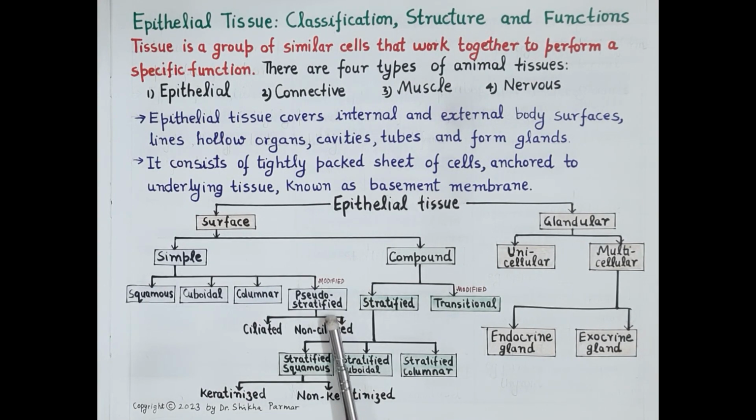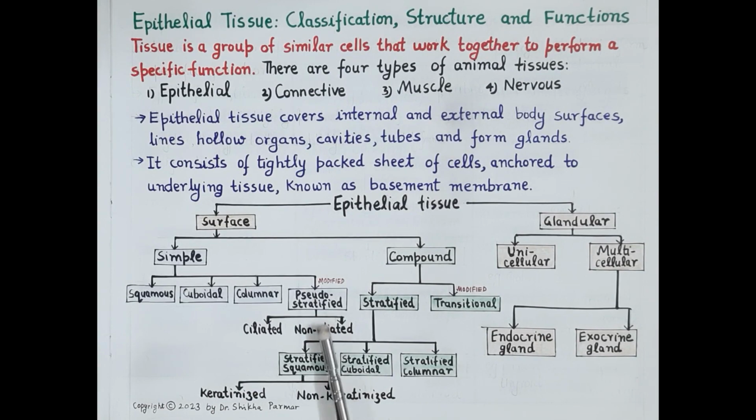Now pseudo-stratified epithelial tissue is actually made up of a single layer of cells, but it appears as if it is made up of two layers of cells, and therefore it is a modification of simple epithelial tissue, and it is known as pseudo-stratified epithelial tissue.